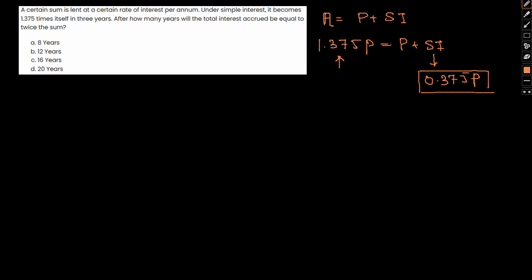So for the amount to be 1.375 times the principal, the simple interest has to be 0.375 times the principal.